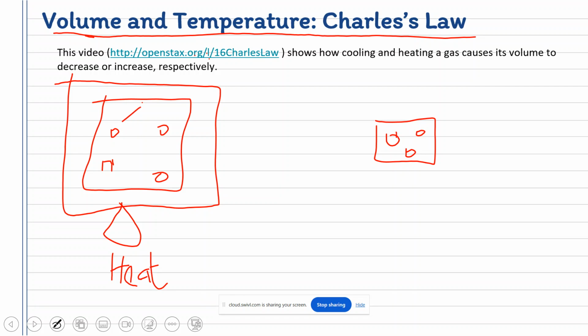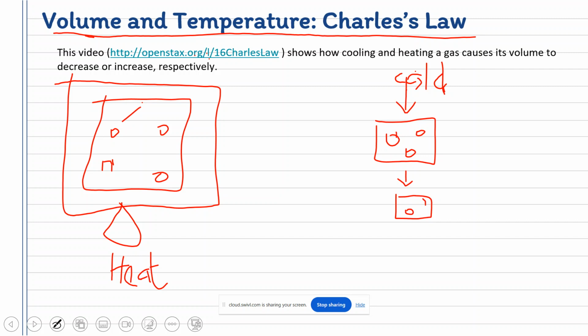Now the reverse is that if I have a gas filling this, the moment I make it cold, and when I say cold, what that means is that we're taking heat away from it. It's going to start contracting. The gases are going to start going closer. So you see that this space, the same gas, is now contracting.